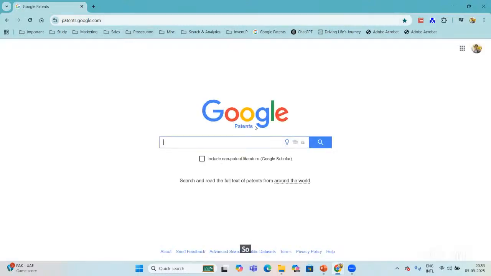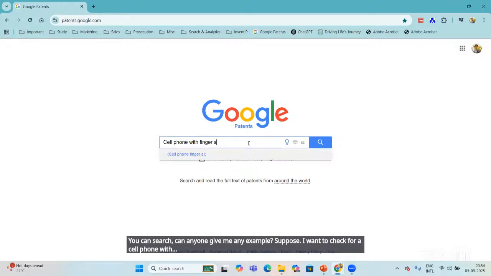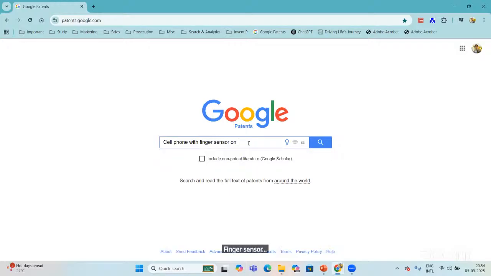Okay, so I'm showcasing one good example about Google Patents. This is a database. If you want to search here, you can search. Can anyone give me any example? Suppose I want to check for a cell phone with finger sensor and camera and dual SIM.